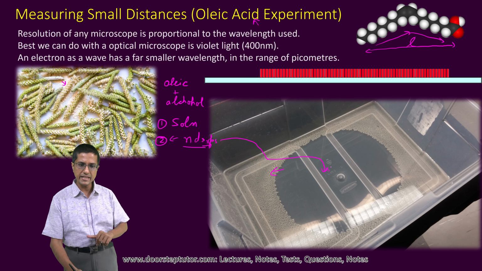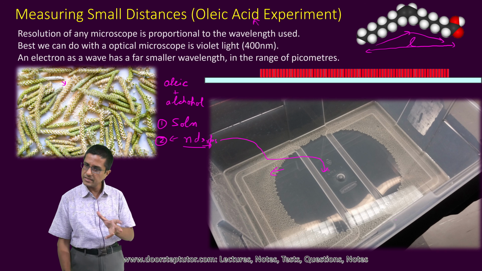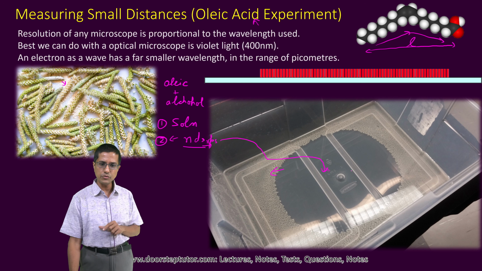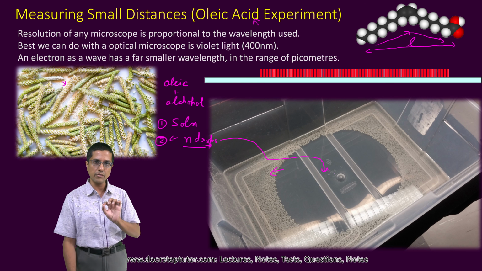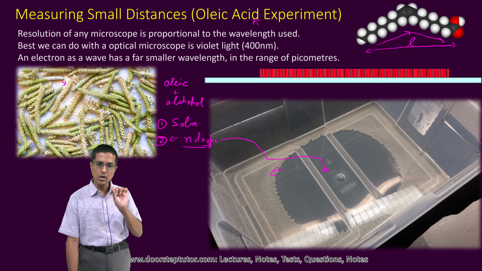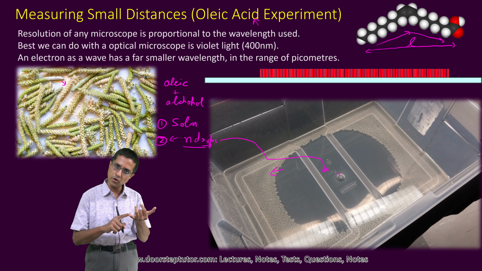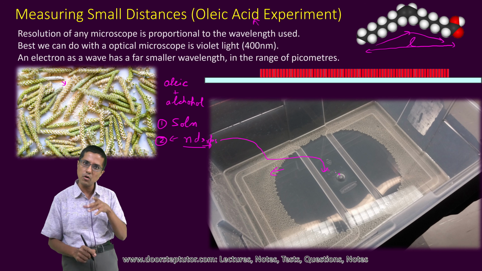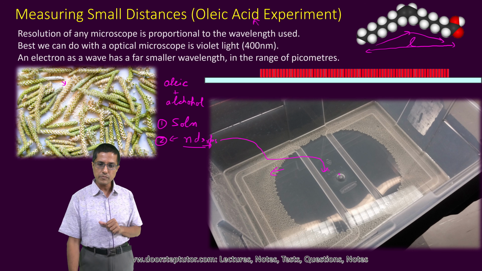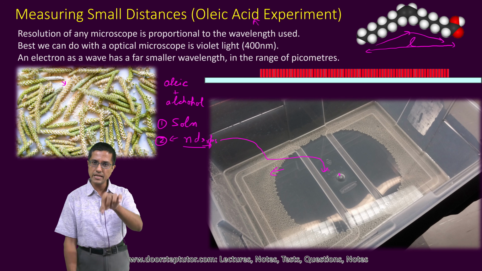Previously this entire surface was covered with Lycopodium powder, and now I put in that very dilute solution of oleic acid. We know not only the number of drops, we also know the volume of each drop, and I pour it in here.